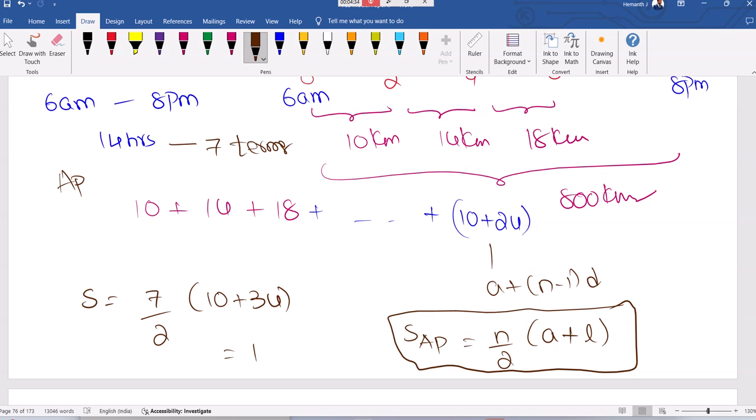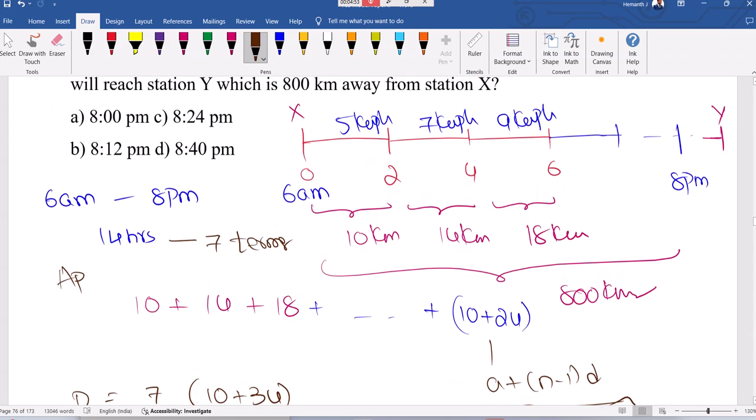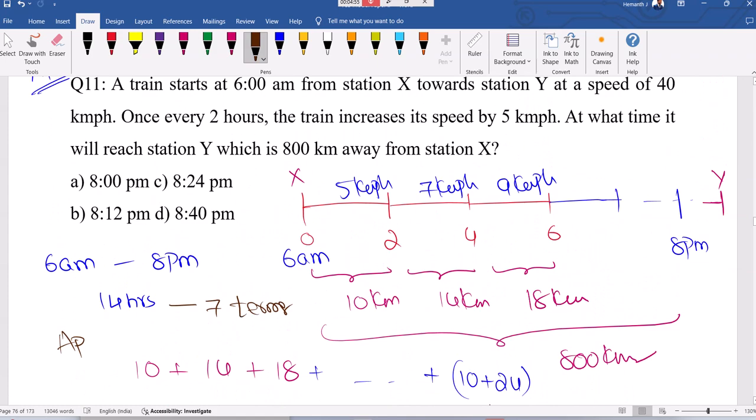Total distance covered in that 14 hours is 154 kilometers only, but we want 800. This 8 p.m. may be on the next day also.